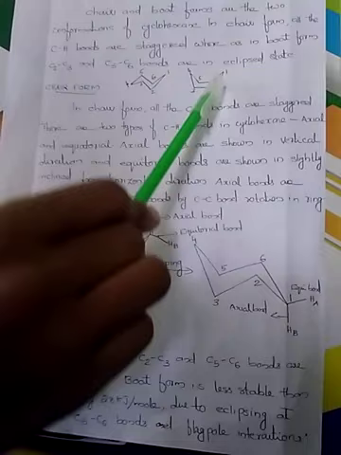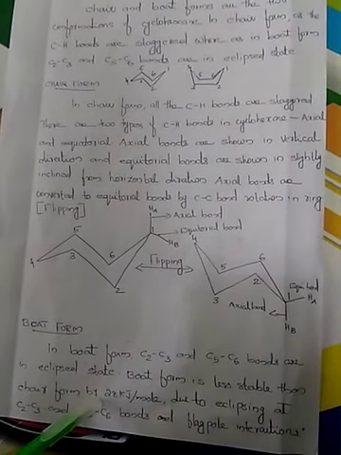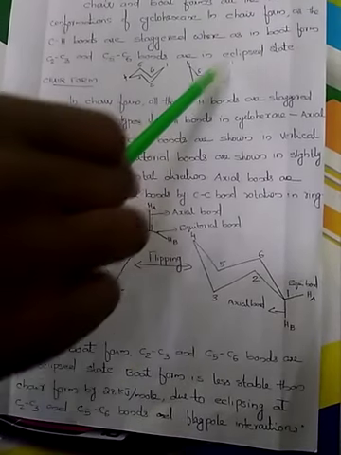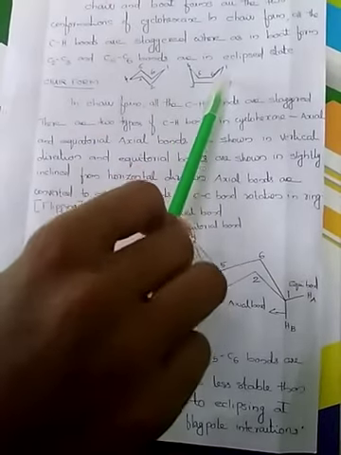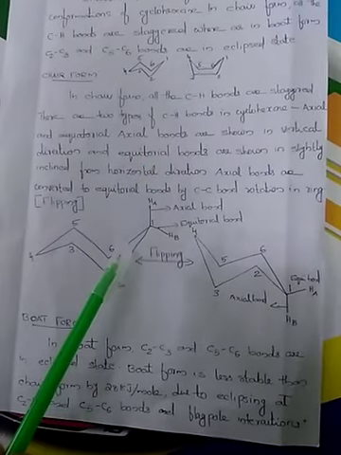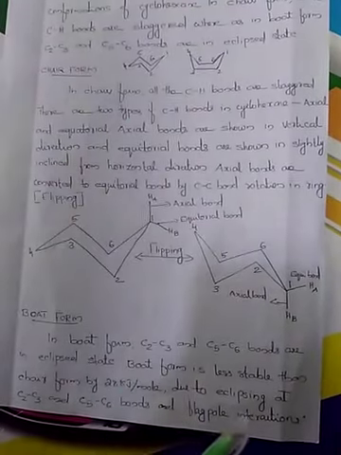This boat form is less stable by an energy of 28 kilojoule per mole due to this eclipsing. Due to the eclipsing position of C2, C3 and C5, C6, it is less stable than chair form of cyclohexane.